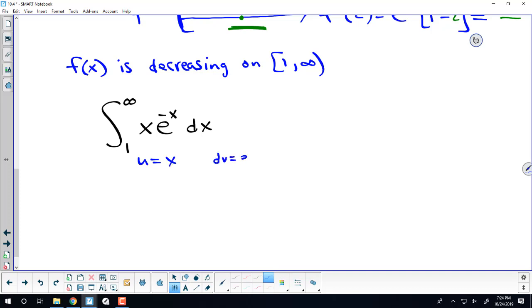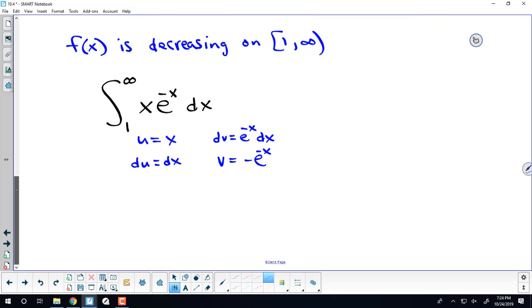dv is e to the negative x dx. So then du is dx. v is the antiderivative of dv, negative e to the negative x. I think this was on our exam. So our integral then, I'll write it down here.